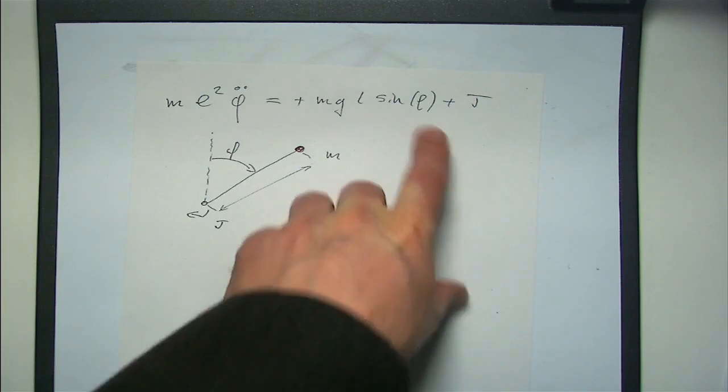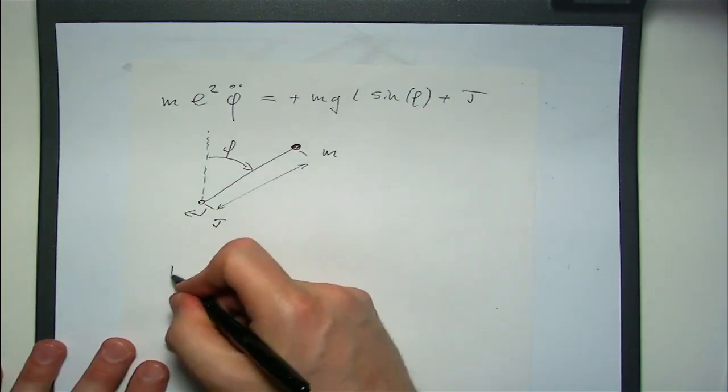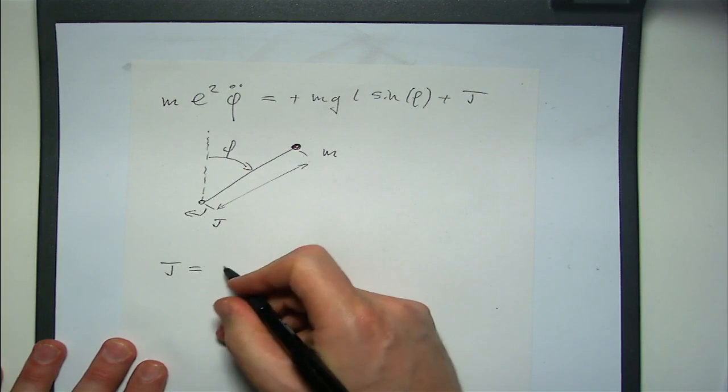It's quite simple. It's also nonlinear, and here we could easily create some form of controller.